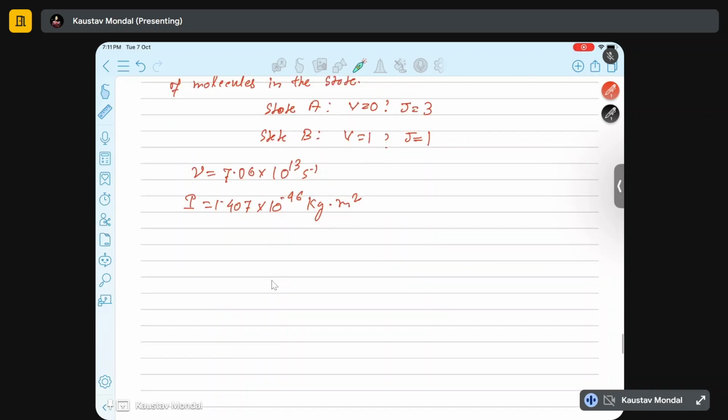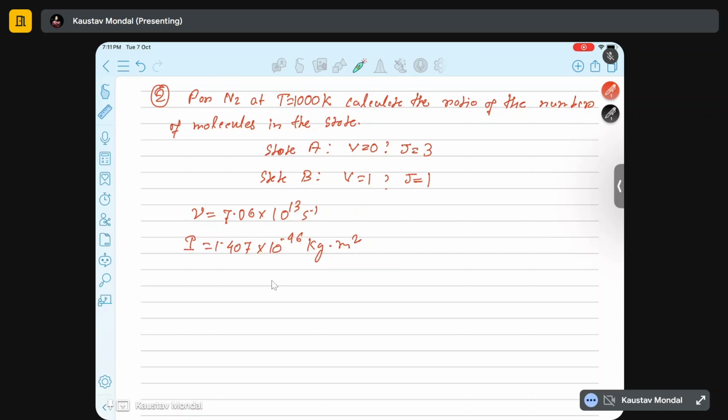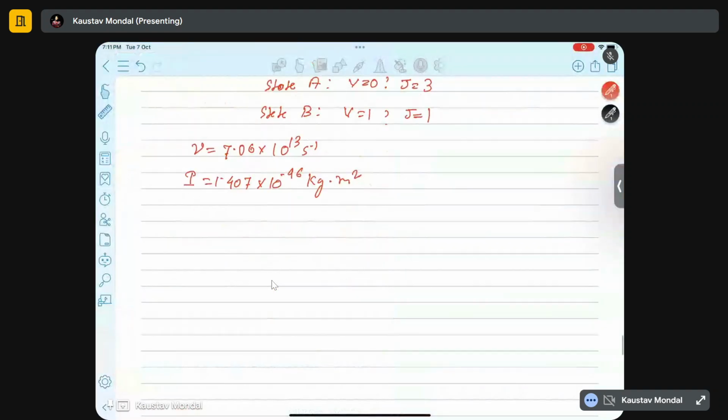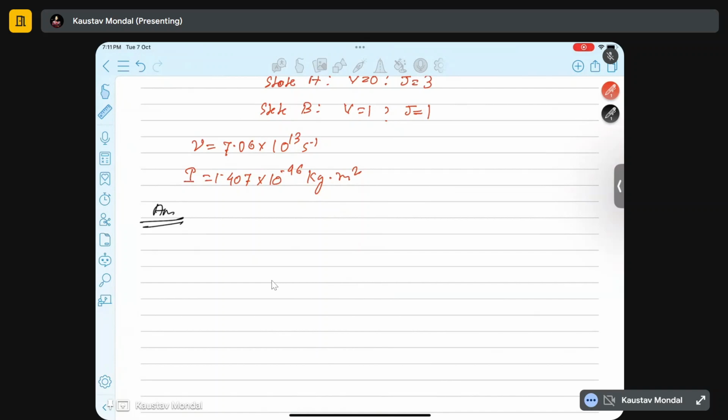So for that, what we can do is that the vibrational energy level is given by E_v equal to (v plus half) h nu.